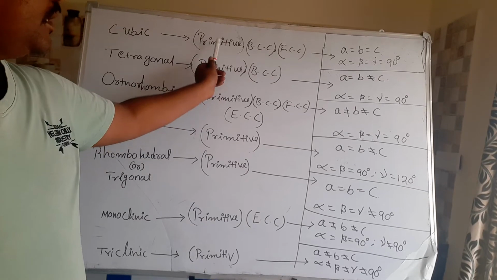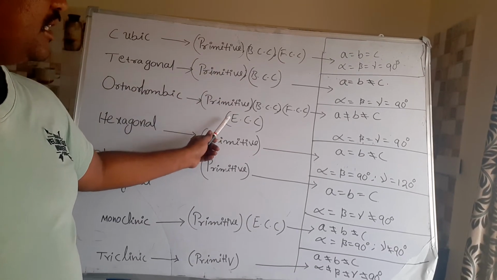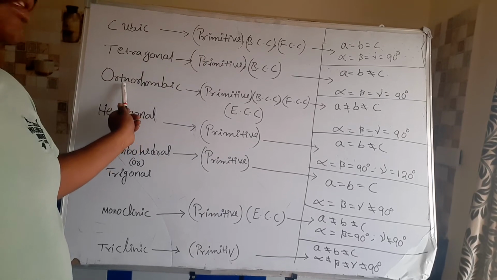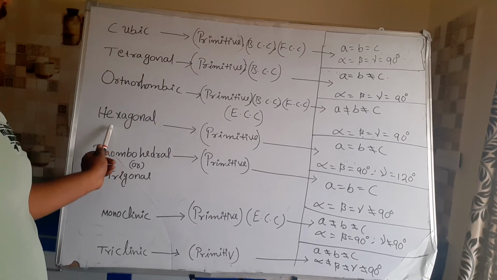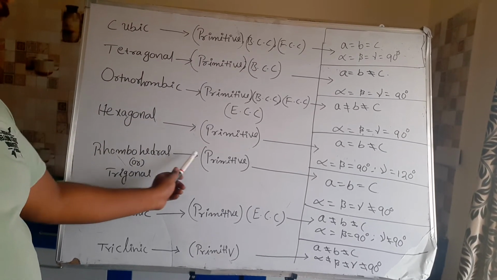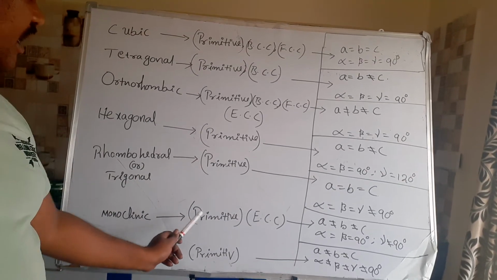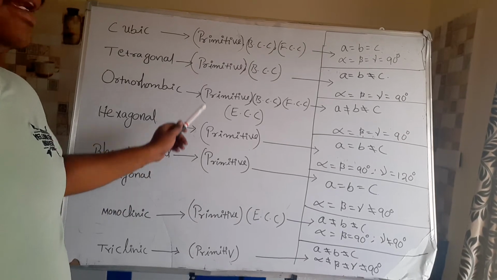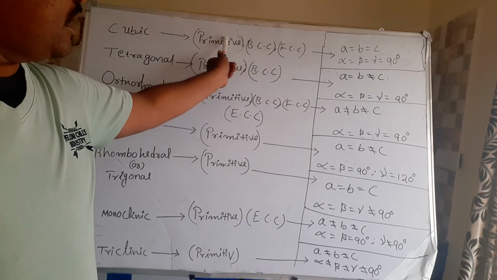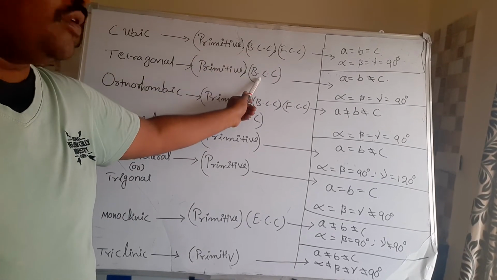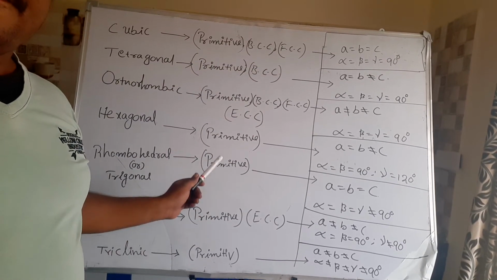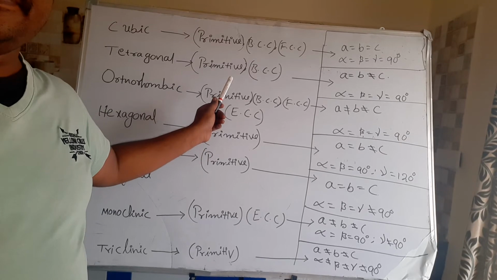Of course, repeated varieties are there, but this is cubic primitive, this is tetragonal primitive, this is orthorhombic primitive, this is hexagonal primitive, this is rhombohedral primitive, this is monoclinic primitive, this is triclinic primitive. Primitive is repeating, but parameters vary from one primitive to another primitive, one BCC to another BCC, right? Yes, these 14 varieties are called Bravais lattices.